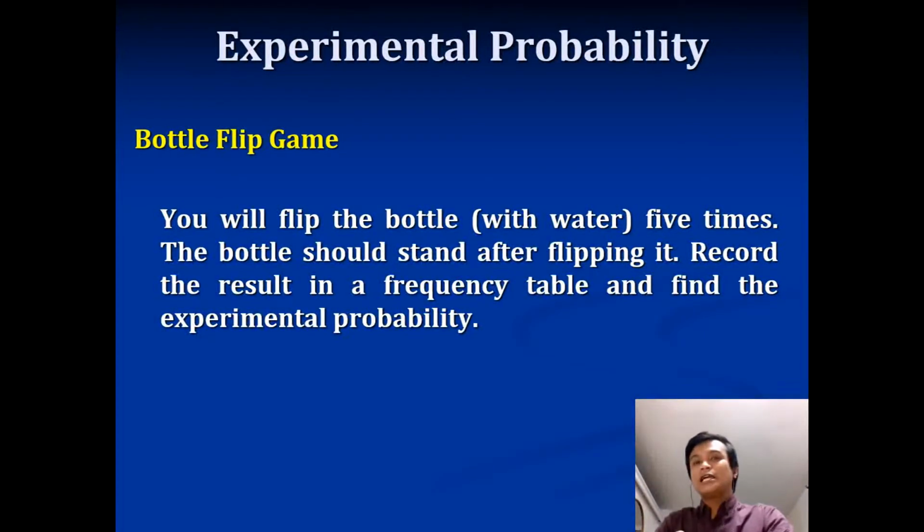We can have our sister or brother compete with us in this game. It is important to record it in our frequency table and get the experimental probability using the formula we showed earlier. Or think about how you could get the probability in this experiment.